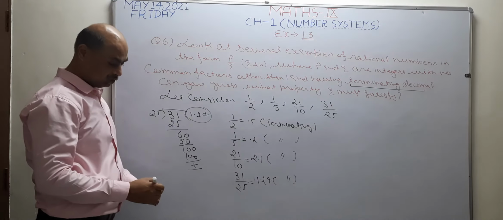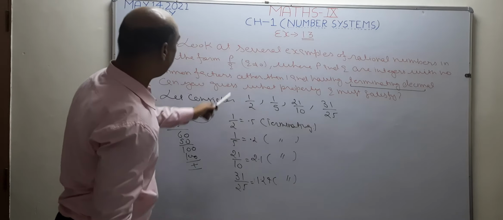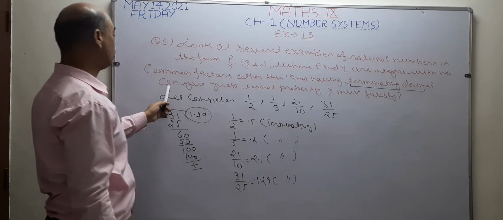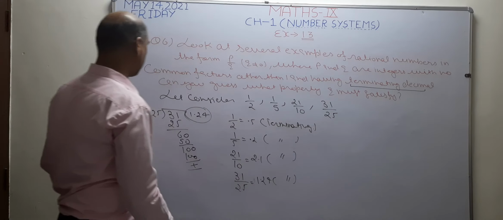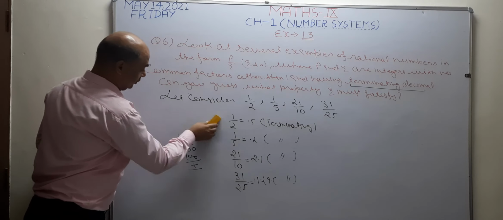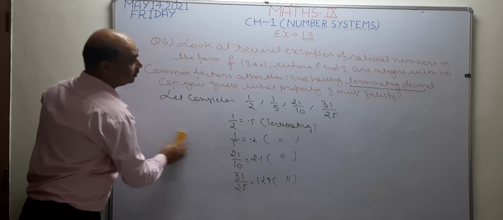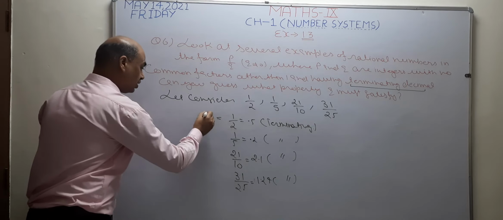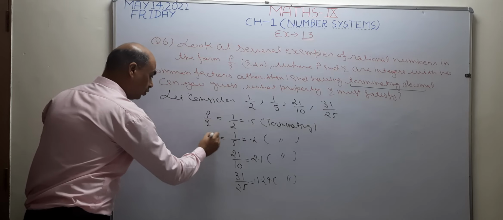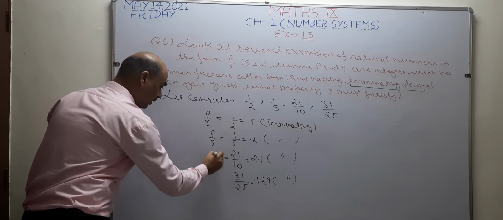Now I want to check what is common between their q, because in this question we have to define the property of q which they satisfy. All the numbers are in the form of p by q.